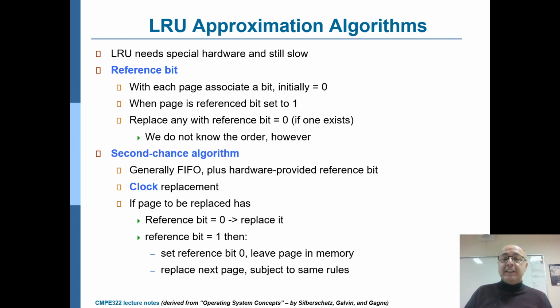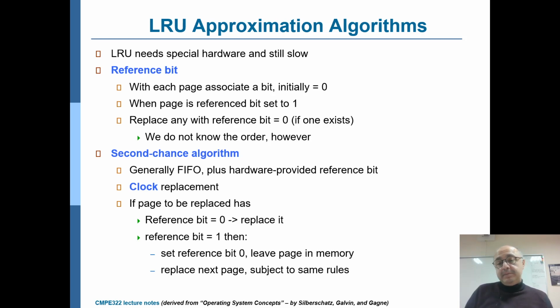and going into the next one. So in other words, you're giving a second chance to the pages with the reference bit set to 1 by not replacing them immediately, but also you're resetting their reference bit so that next time I come there, if it has been accessed till the next time I come to the same page again, okay, it is again safe.